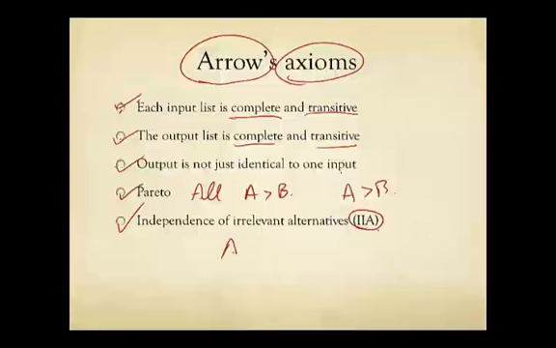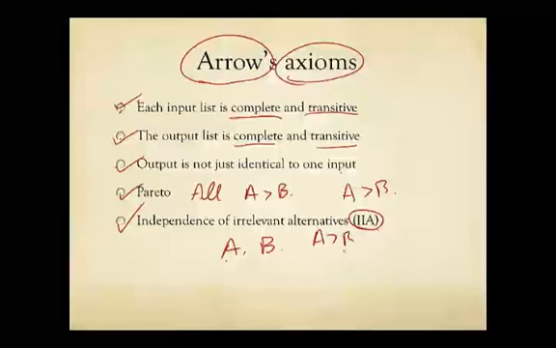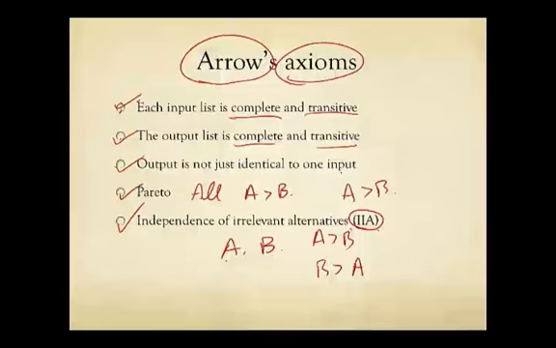It says that between a pair of choices A and B, each input's preference between A and B remains the same. Some say A is better than B, some say B is better than A, it doesn't matter. As long as the pairwise preference between A and B remains the same, then even if their preferences involving other candidates, like C, move around, the output preference between A and B remains the same.